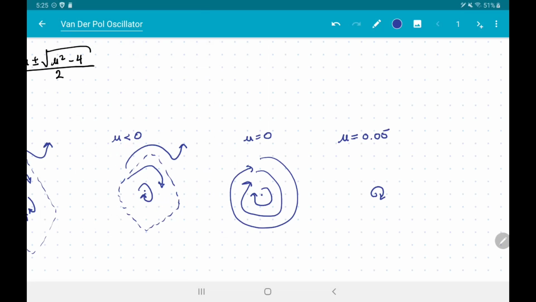So what's happened is that this stable limit cycle has essentially popped out of the transition from a stable spiral through a center to an unstable spiral. This is something called a Hopf bifurcation.